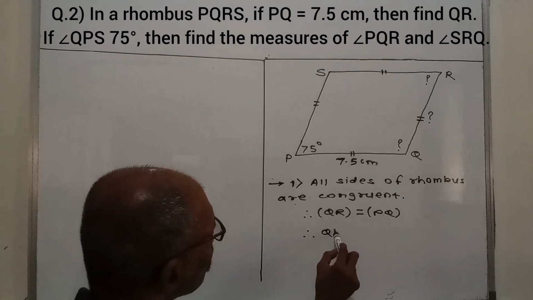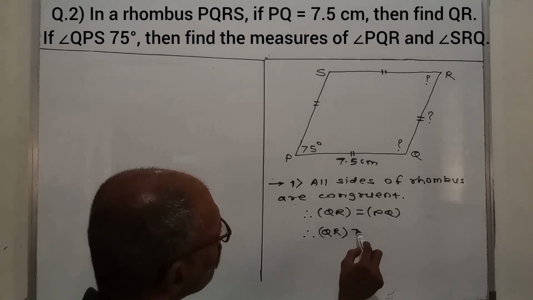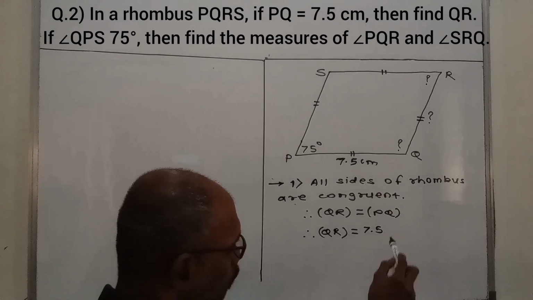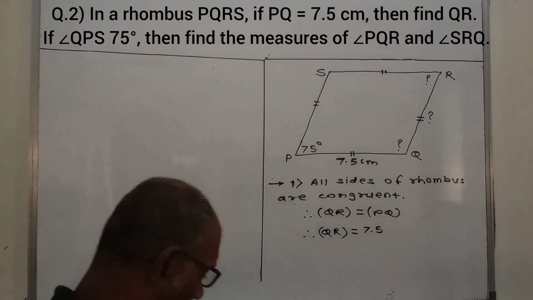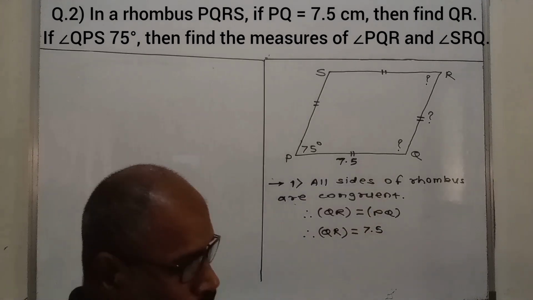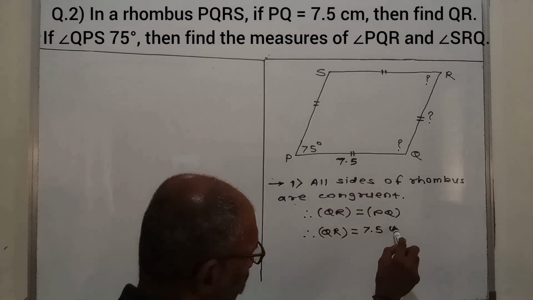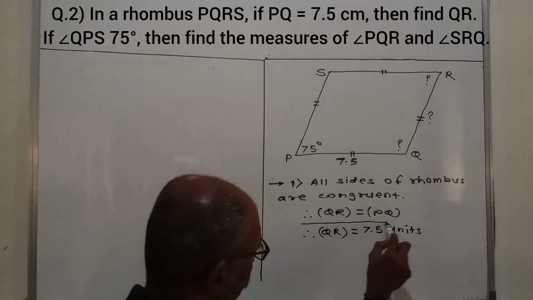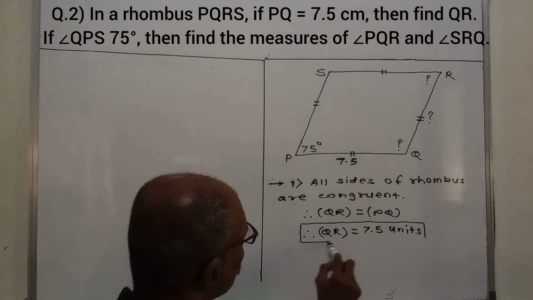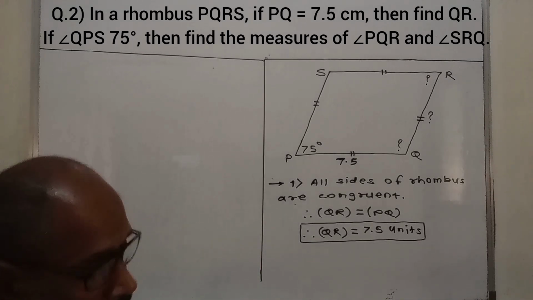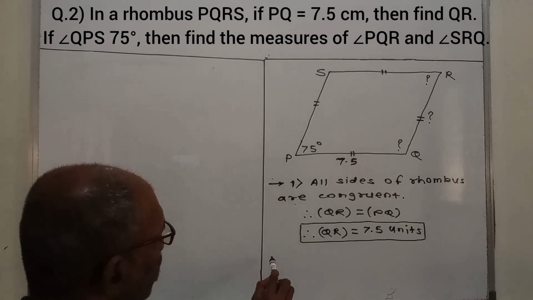Therefore QR is equal to 7.5. Here centimeter is not given, sorry, so we write here units. Did you get it? Therefore QR is equal to 7.5 units. Did you get it?